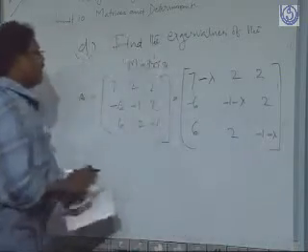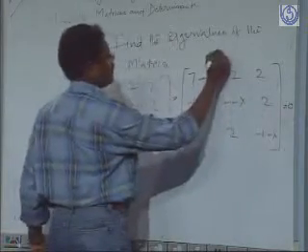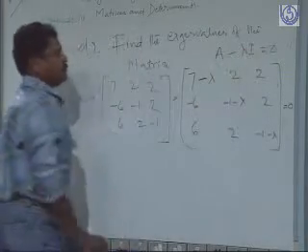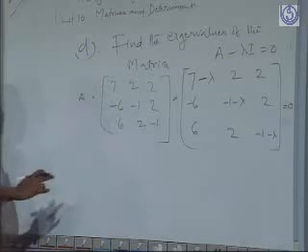This is equal to 0. That is the formula of determinant of A minus lambda I equal to 0, for finding the eigenvalues of a matrix.